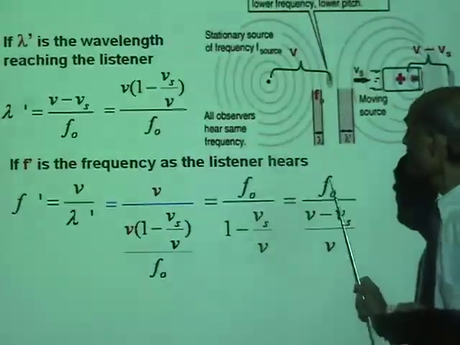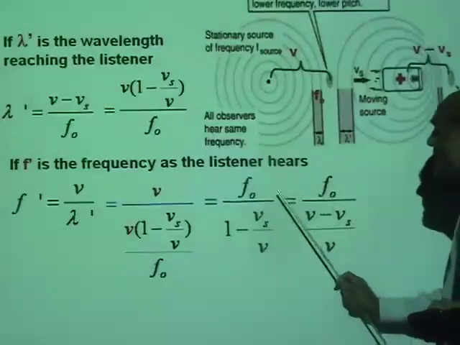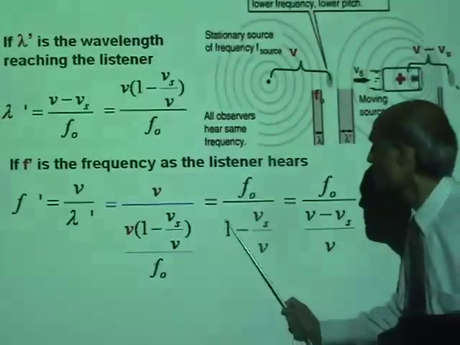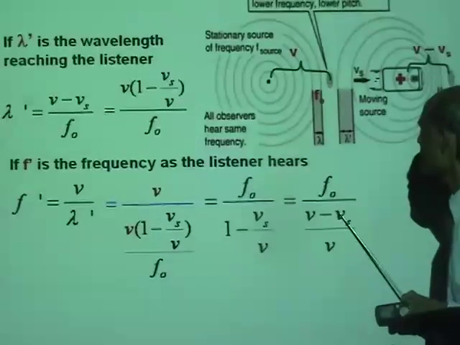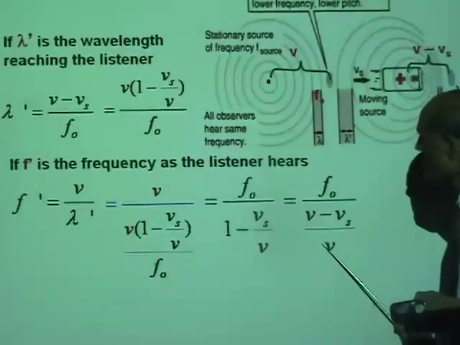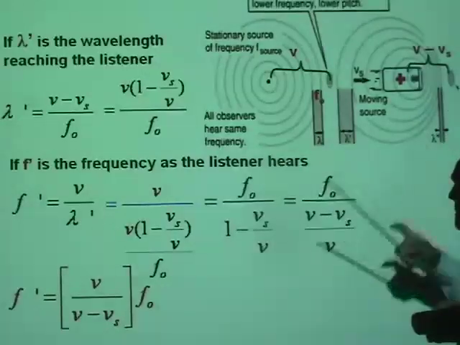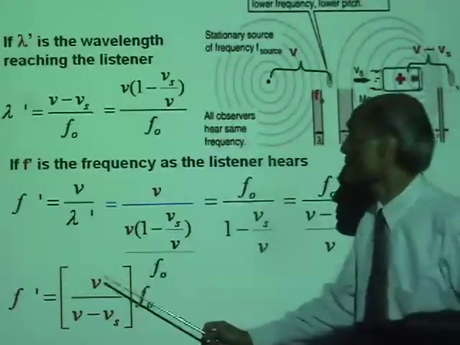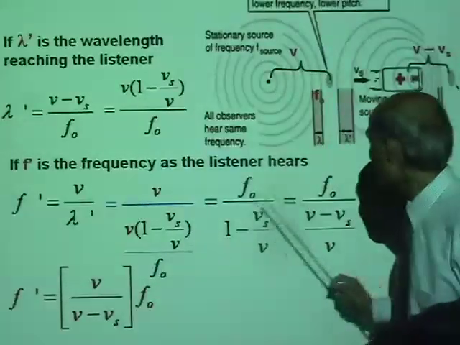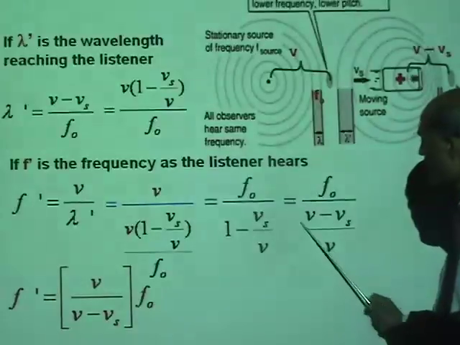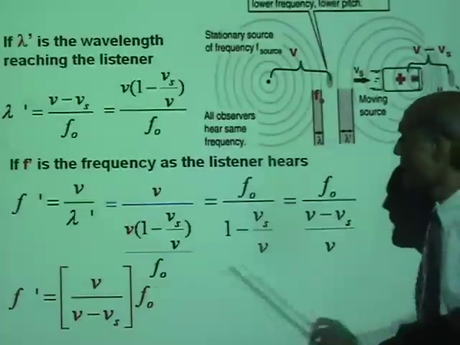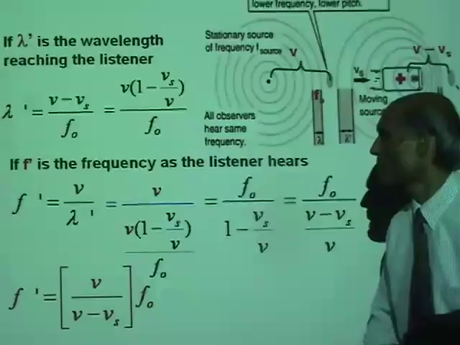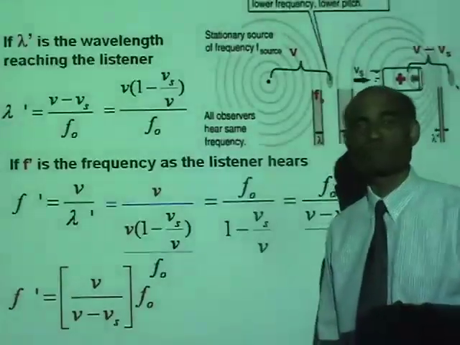Alright? And we can simplify it, taking v as the common denominator: f0 over (v minus vs) over v, and we can write it like this. F prime equal to, this v will go up. It will then become v over (v minus vs) multiplied by f0.